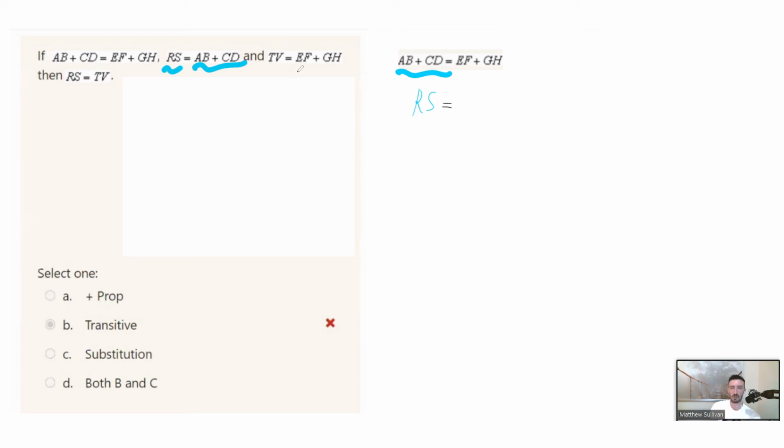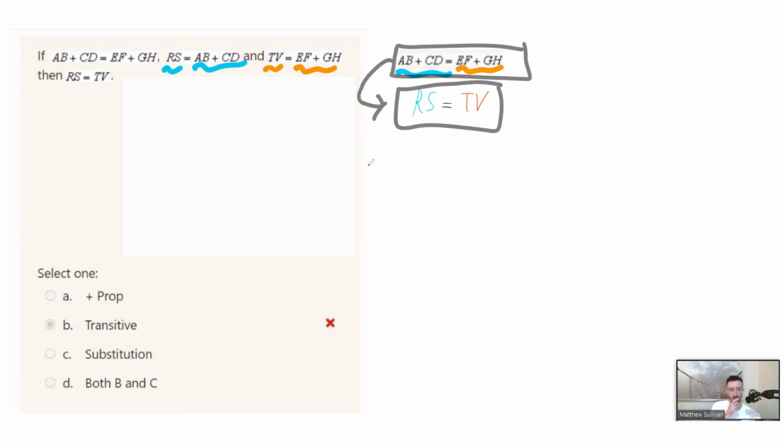And it's also telling me that EF plus GH is equal to TV. Okay, so what did I do to arrive at this from the first line?